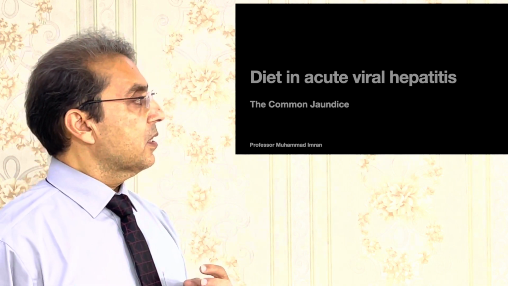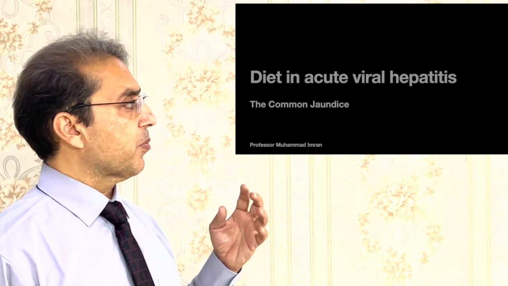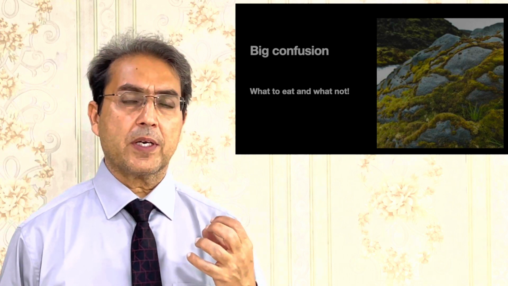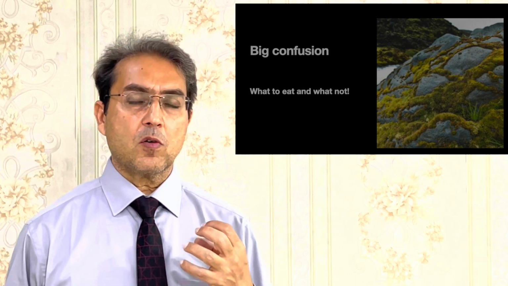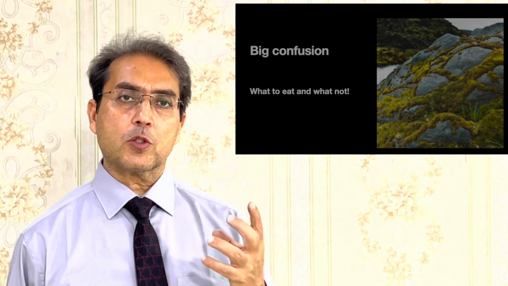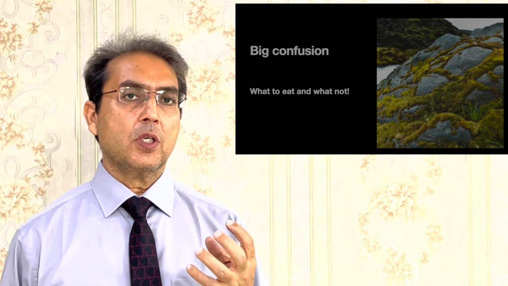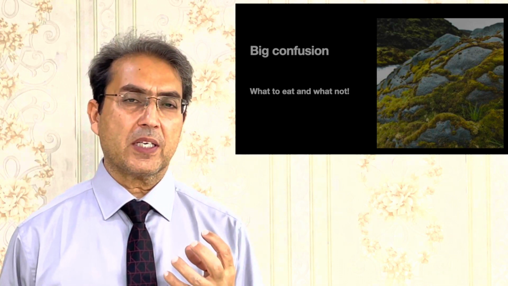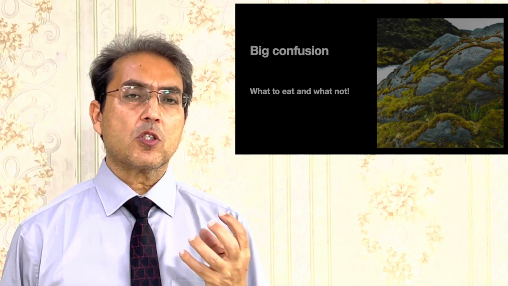Now, when a patient develops acute viral hepatitis, there are a lot of problems. There is a big confusion. The first thing which comes to the patient's mind is what to eat and what not to eat. When we are planning the diet of these patients, two aspects should be kept in mind. Acute hepatitis is usually associated with a lot of nausea, anorexia, loss of appetite, loss of taste, and patients also vomit.